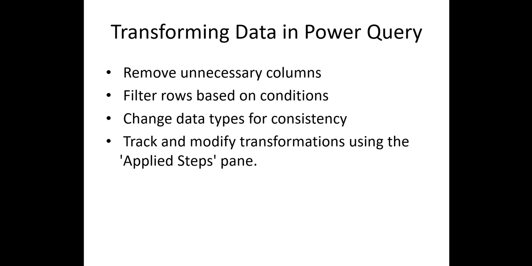You can filter rows based on conditions, if you have any certain conditions, and remove duplicates, etc. You can change data types for consistency. You may have a currency field, so make sure you change the data type to currency, or if it's a date field, you want to make sure it's a date, so when you are doing any kind of timeline charts, it considers it as a date. And then you can track and modify transformations using the Applied Steps pane.